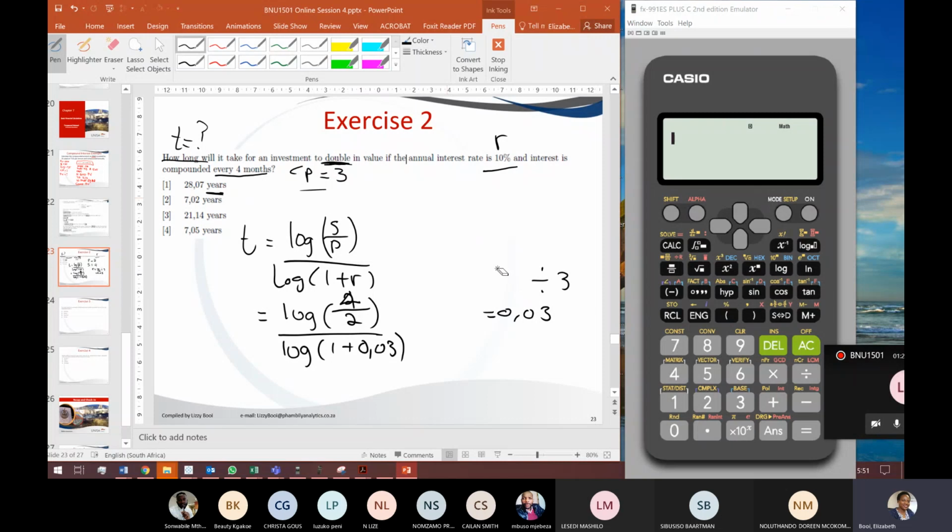For those with the financial calculator, second function CA, second function P/Y, compounded every 4 months, which is 3. And then you press E and T.